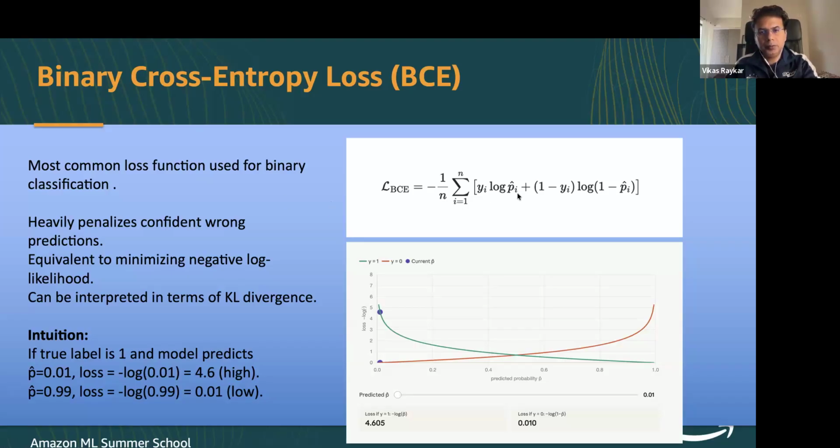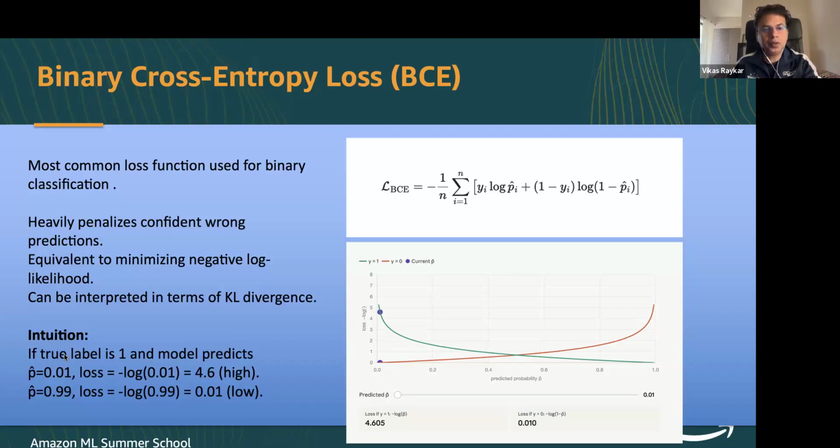So to build some intuition, let's take a look at a couple of examples. Let's assume the true label yi is 1. Then 1 minus 1 is 0, so the second term disappears, and the loss is essentially minus log p hat.